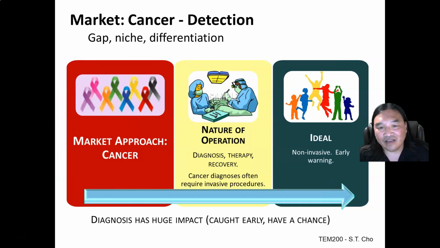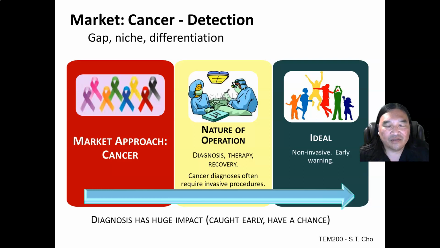So ideally, in terms of diagnosis, it's not fun getting a chunk cut out of you and then you have to sit around and wait for the result. And not only that, but cancer is all about detecting it early. I had a girlfriend in the late 1980s, and she had leukemia.